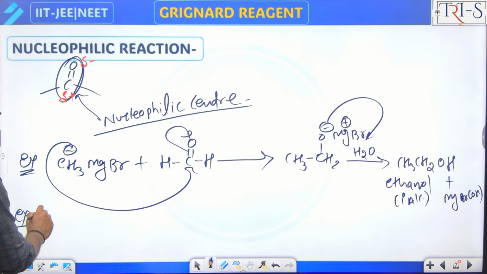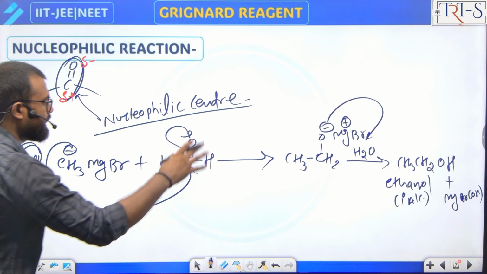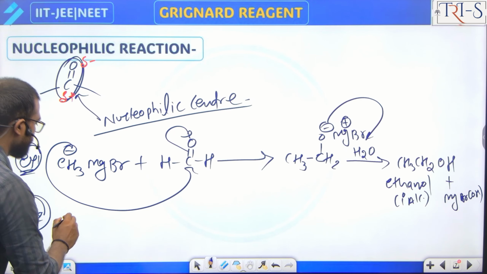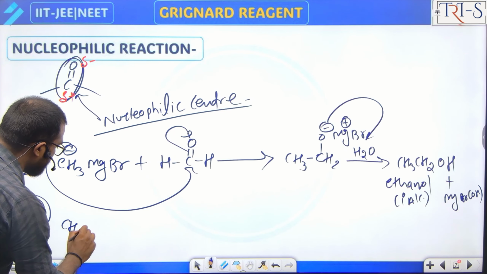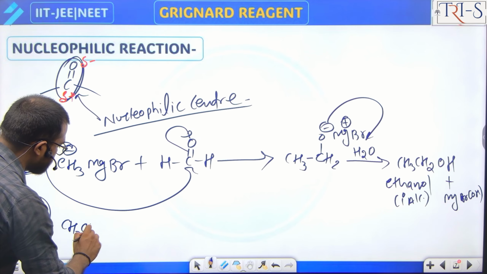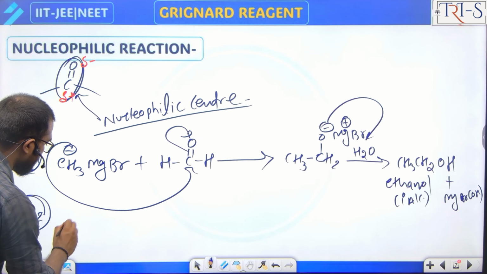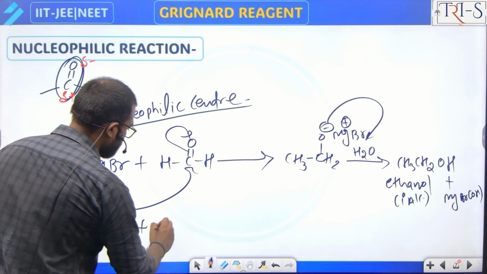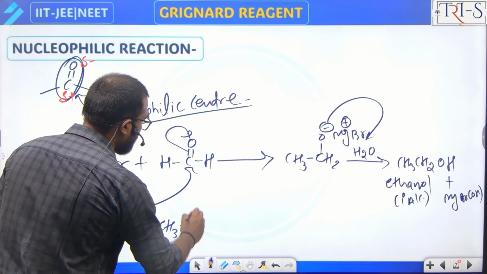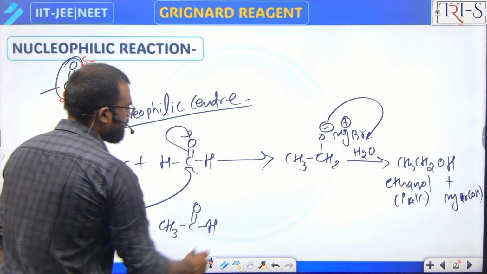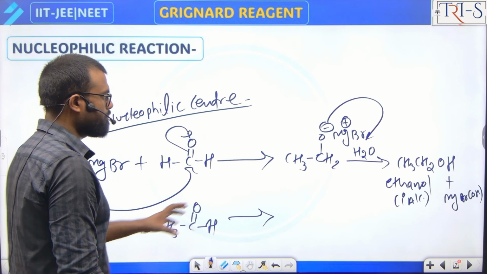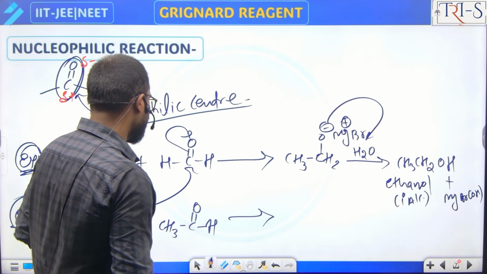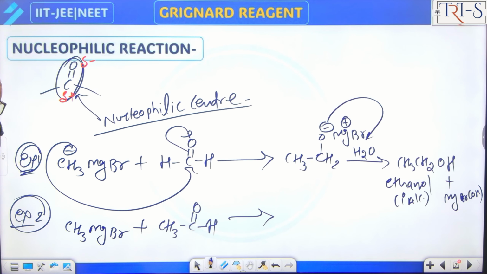Next example, if we have any aldehyde other than formaldehyde, then it will give a secondary alcohol. The same mechanism can happen here also.